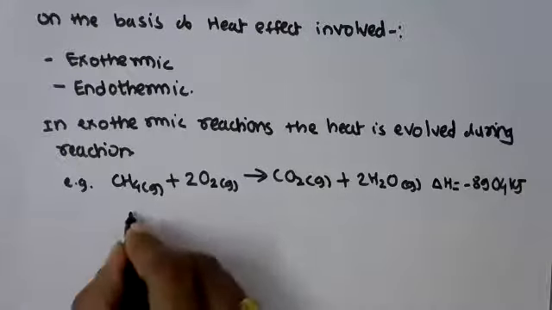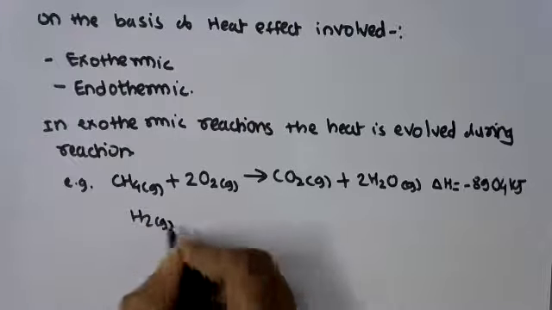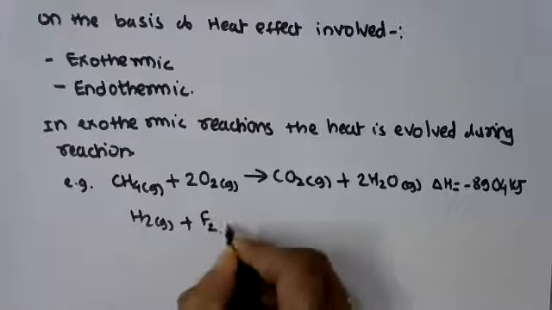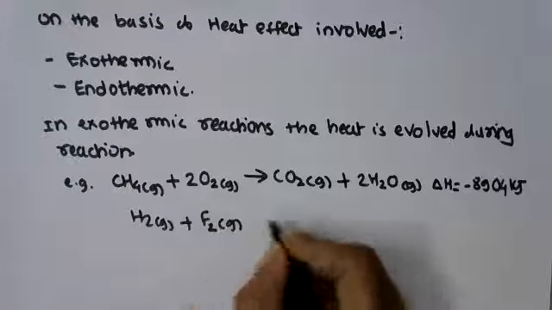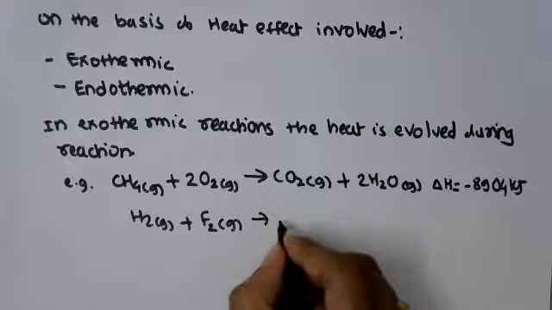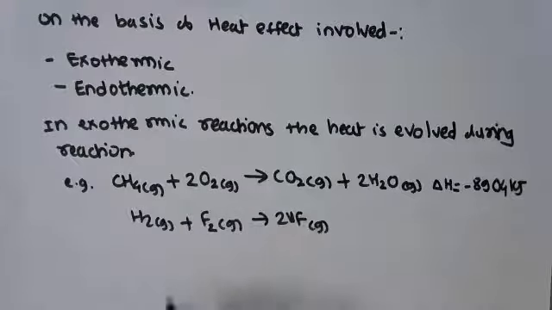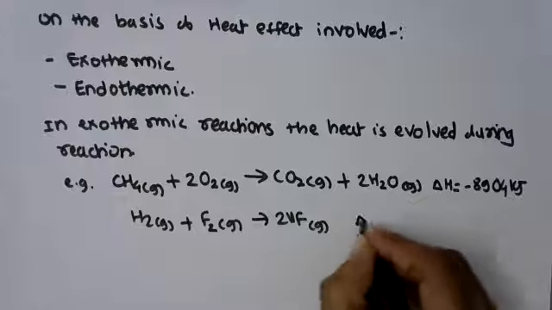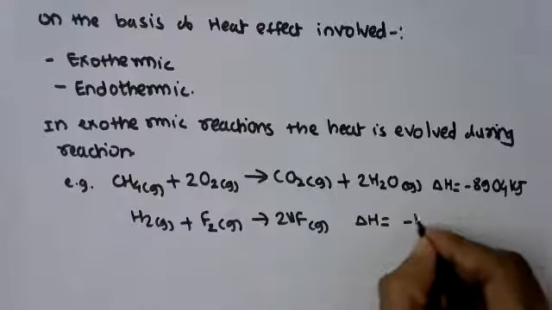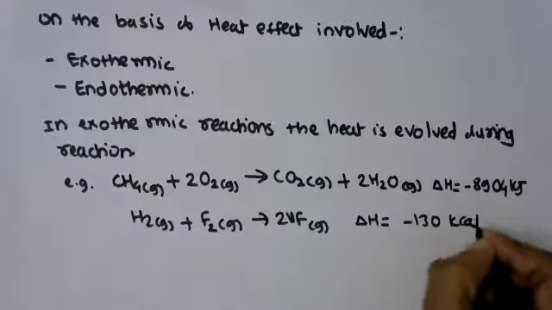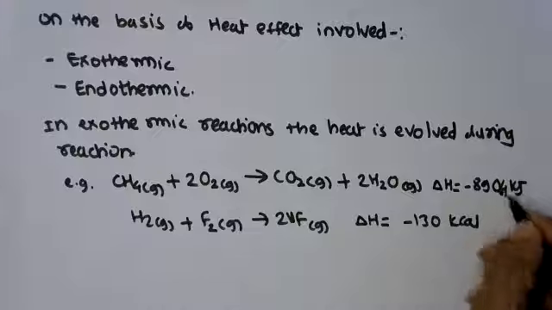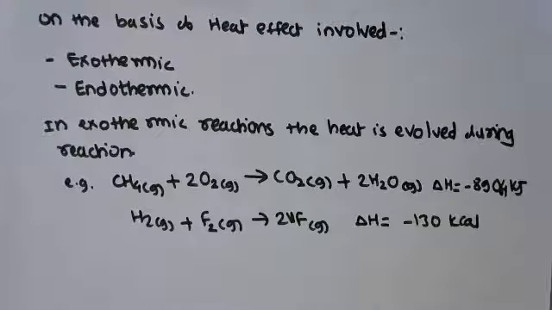There is another example, H2 gas plus F2 gas gives twice HF, here 130 kilocalorie. Delta H is equal to minus 130 kilocalorie.